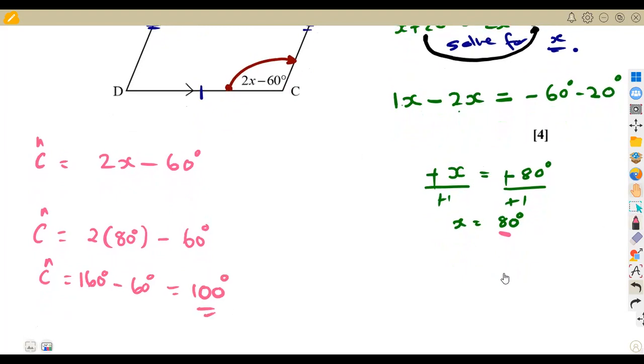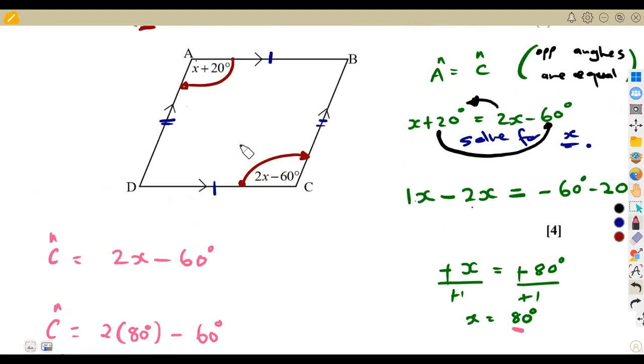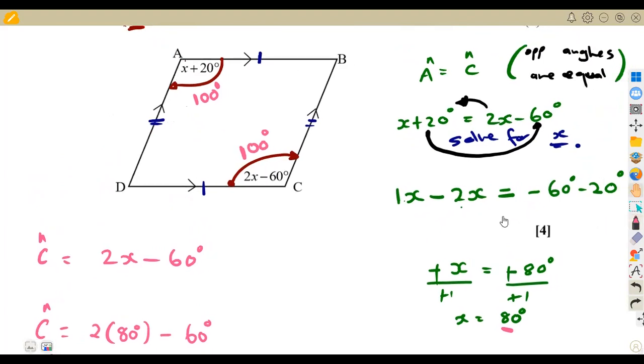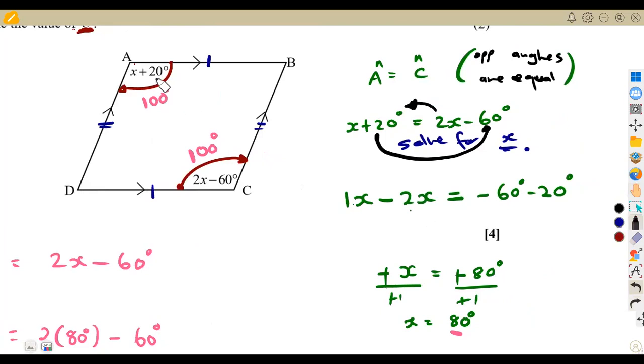So it means this angle here is supposed to be 100 degrees, and also this angle here is supposed to be 100. Remember, opposite angles of a parallelogram are equal. Another way we could have solved it is to use this part, x plus 20, substituting x as 80, that's 100.